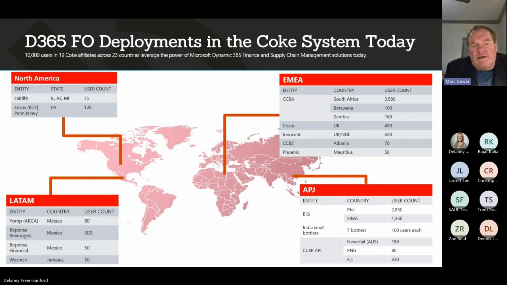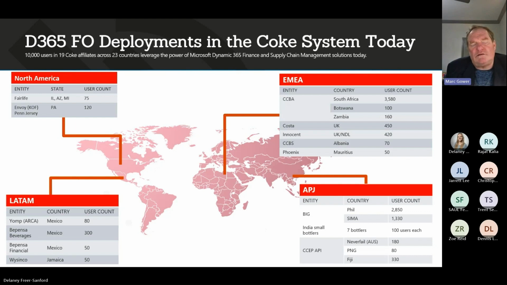If we look at the suitability of finance and supply chain, when we started this journey, our ambition was to come up with a templated approach: a new bottler coming along, here's a template, and we deploy it.